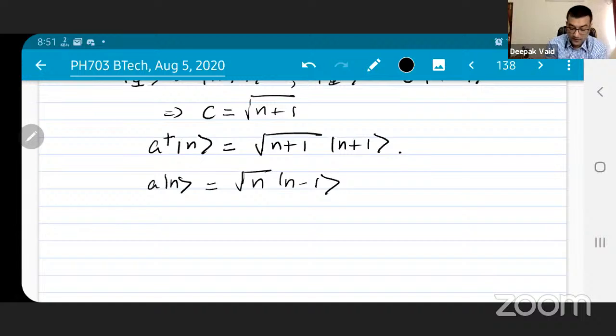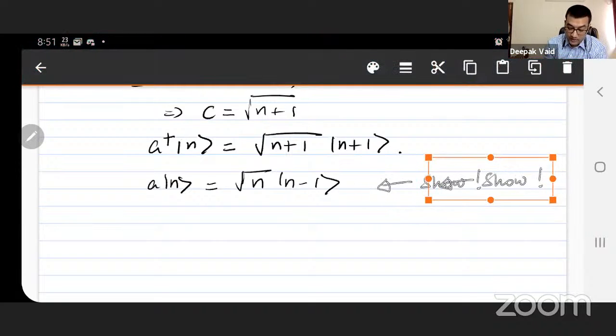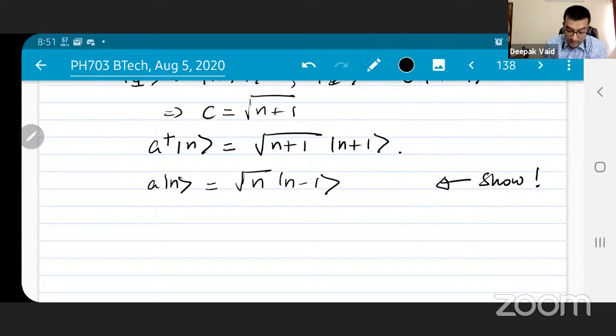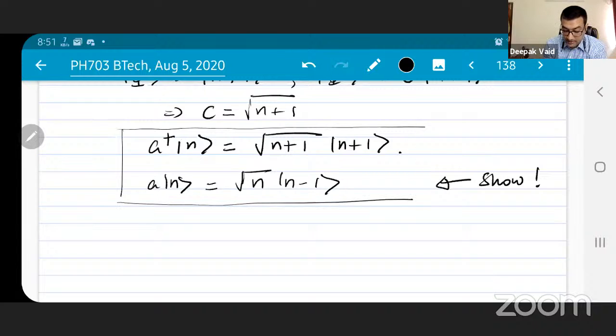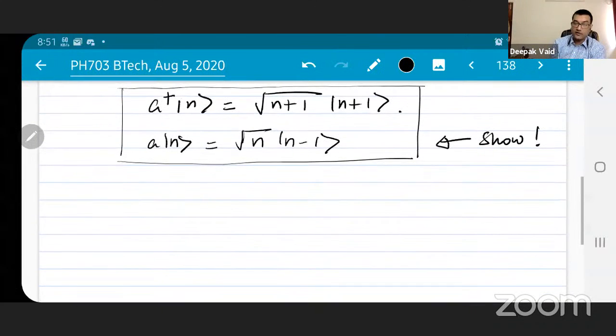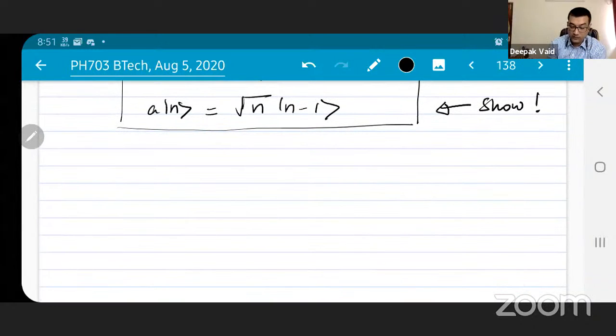So finally, we have shown that A and A dagger are ladder operators. They increase and decrease the eigenvalue of this n by 1.